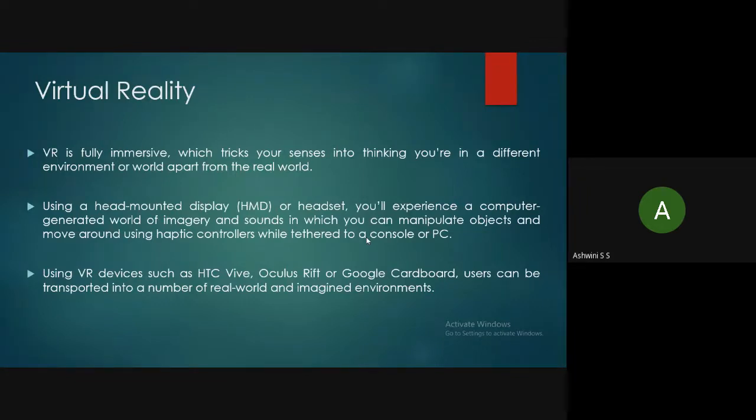He will not go into the virtual world, he will be in the real world. Whereas in virtual reality, the person senses that he is only in the virtual world instead of being in the real world.